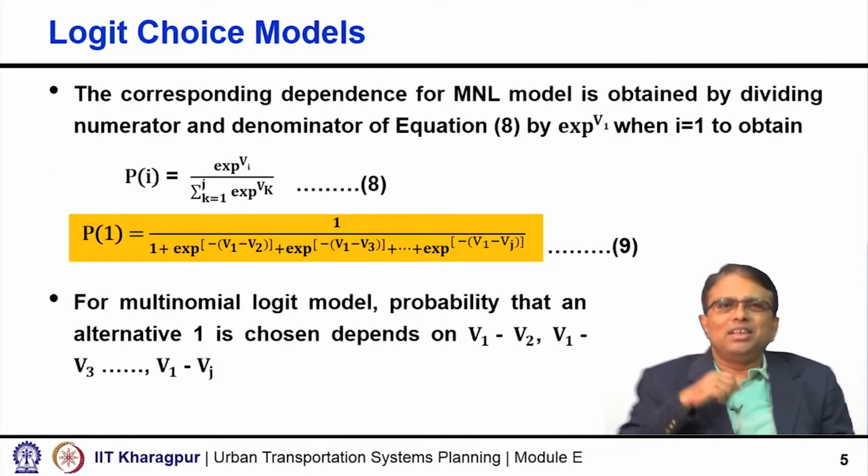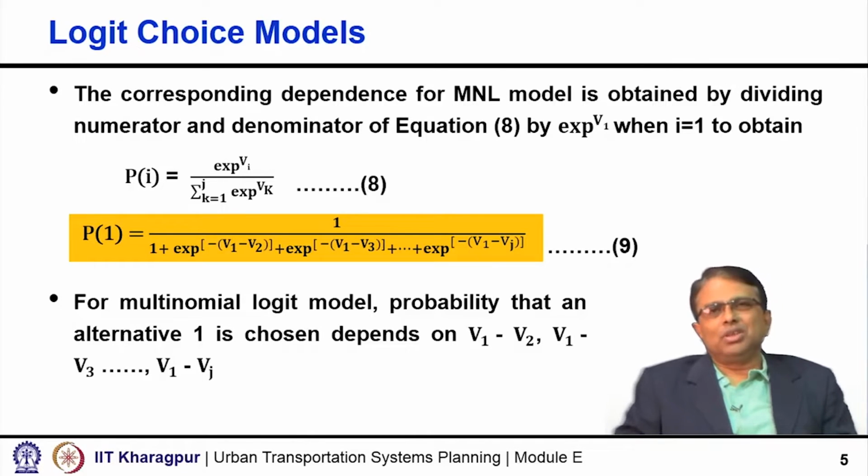If we again divide the general expression, e to the power V I divided by the sum of e to the power V k over k equal to 1 to j, by e to the power V I, what we will get is 1 by 1 plus e to the power minus V 1 minus V I, similarly V 2 minus V I, V 3 minus V I. So, in each case, it is the difference in the utility value that is indicated.